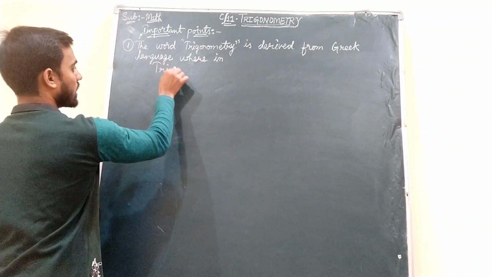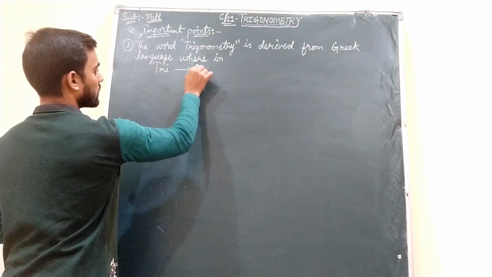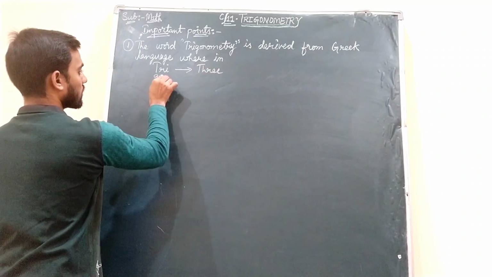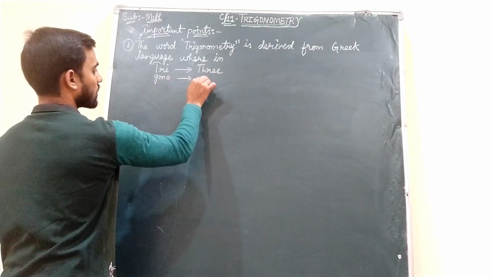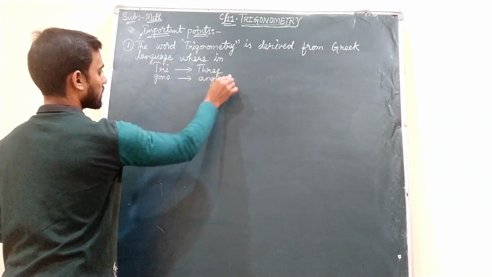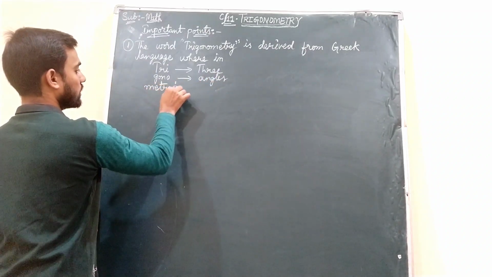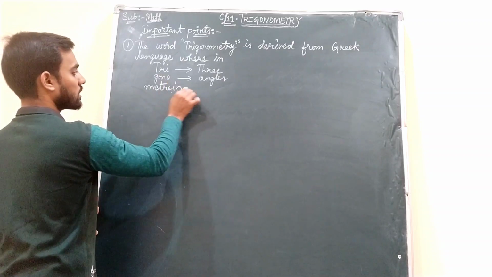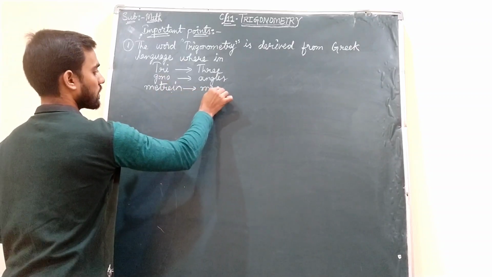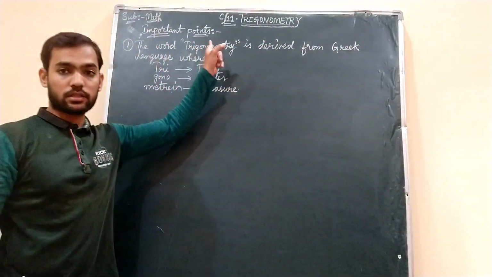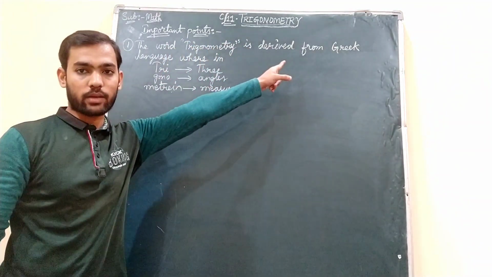Wherein tri means 3, gono means angles, and the third word metry is derived from the Greek word metrin, which means measure. The word trigonometry is derived from Greek language.